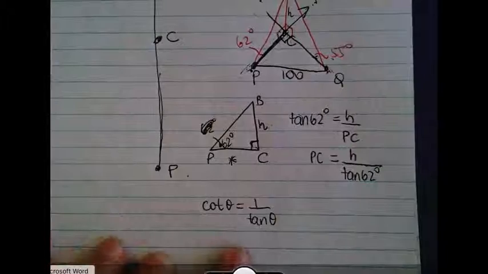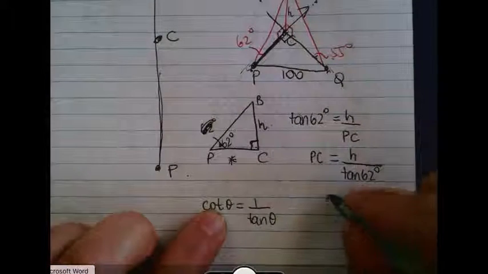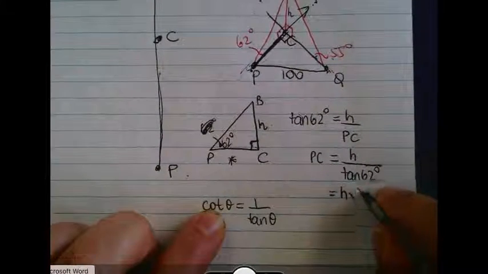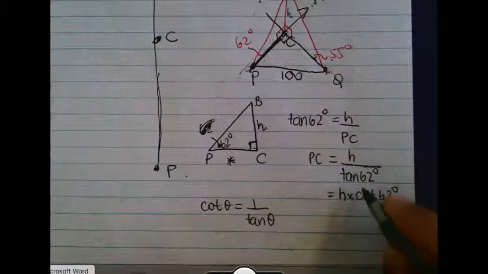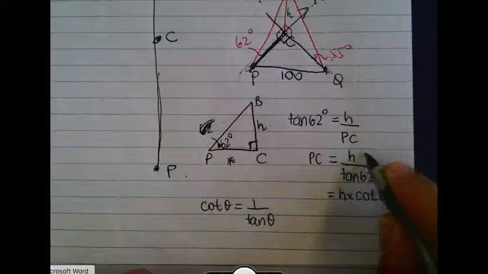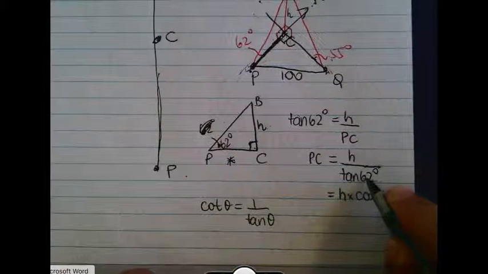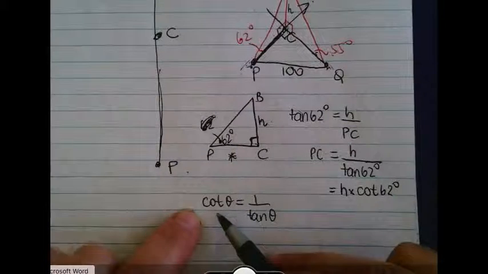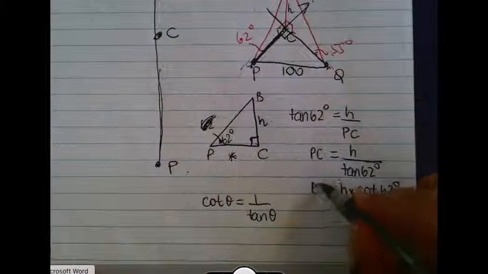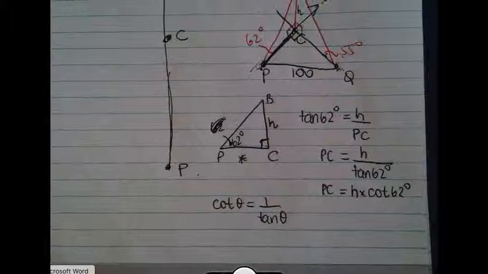Do you remember that? The third letter. So that's just the same as H times cot 62. Because when tan 62 is on the denominator, 1 over tan 62 is cot 62. 1 over tan theta is cot theta. So you write that as cot 62.